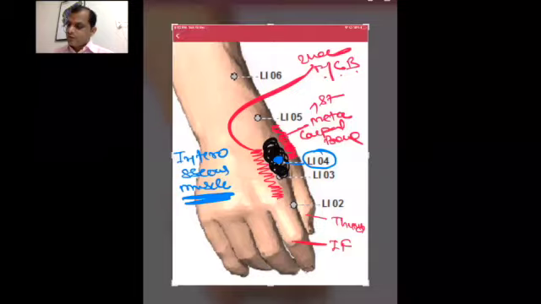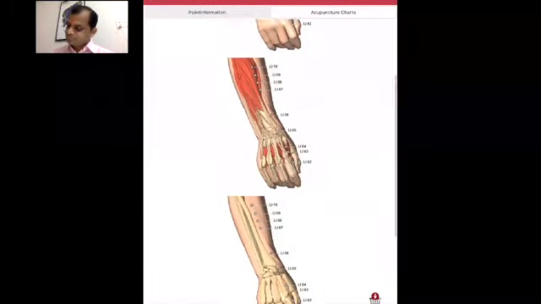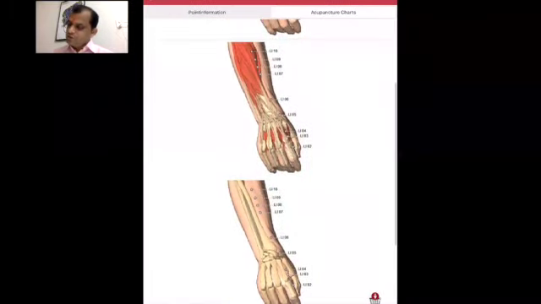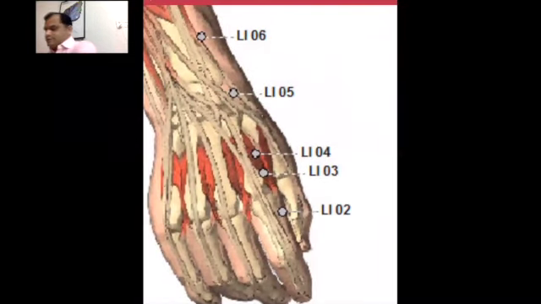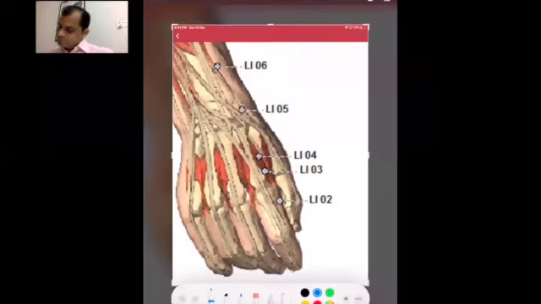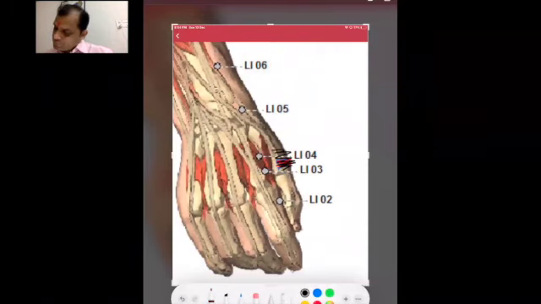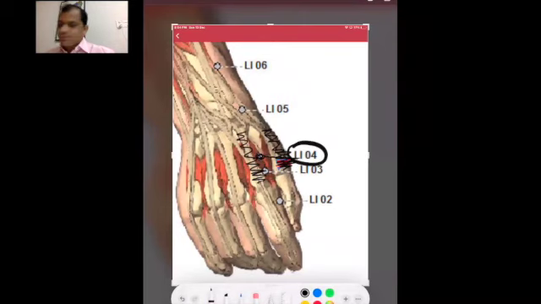Let's see the location of Li4 in another image. So look at this image. Here you can see this is the first metacarpal bone and this is the second metacarpal bone. In between we have the Li4 point.